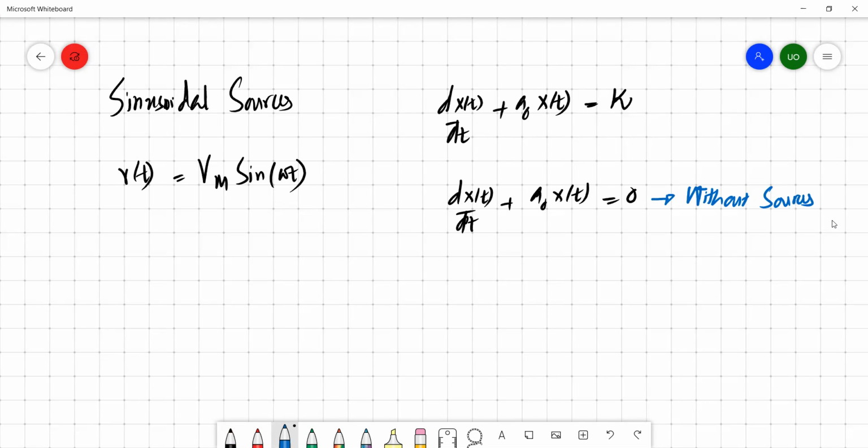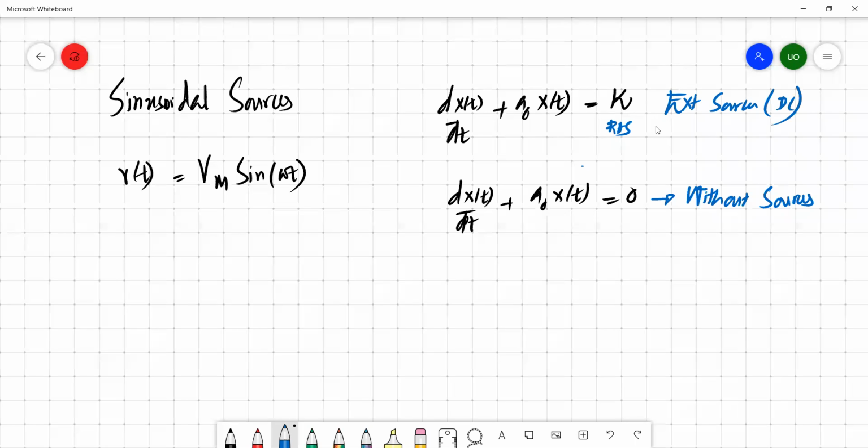If you end up with a first order differential equation having a constant on the right hand side, then we claim that this particular circuit contains external sources, but those sources are DC sources. That's why we end up with a constant on the right hand side of the differential equation.